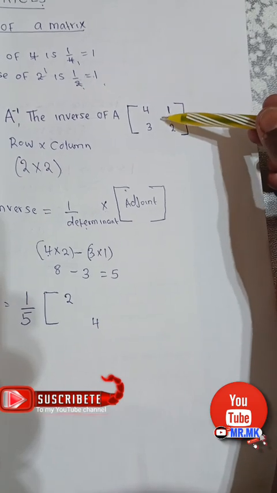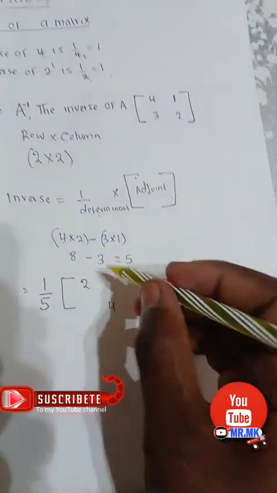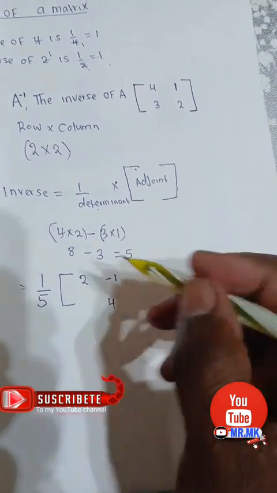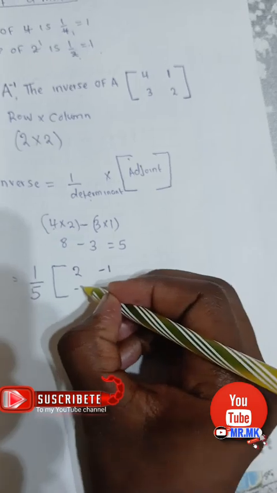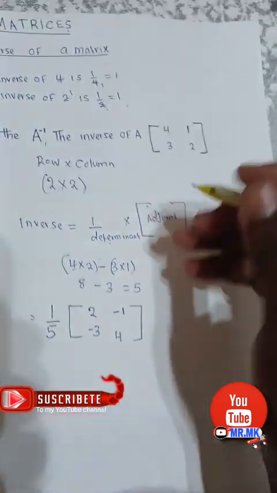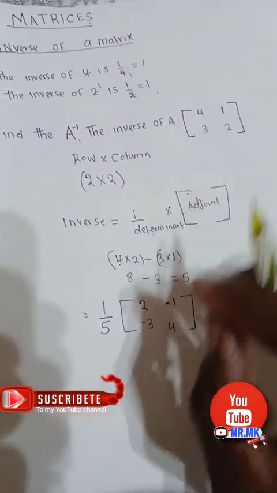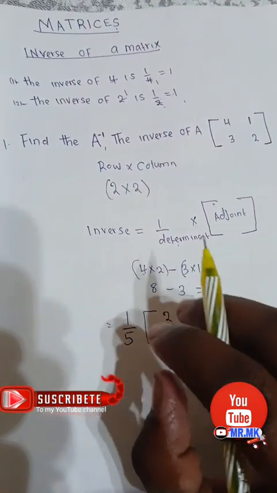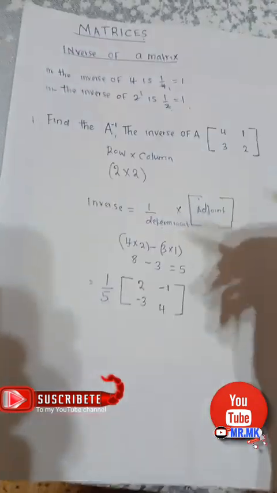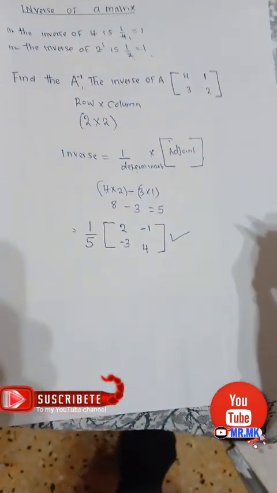If it is positive, change to negative. Here it stays in place but changes sign: -1, and this one is also -3. That is the adjoint. By doing this, you have found the inverse of that matrix. That is our final answer.